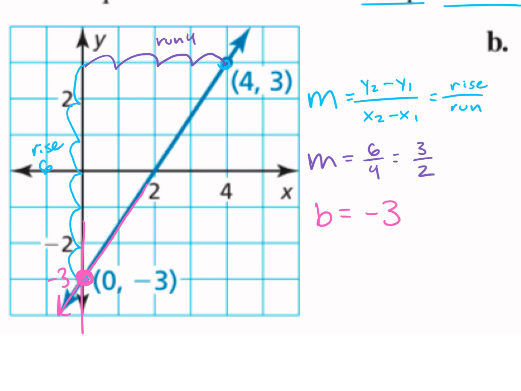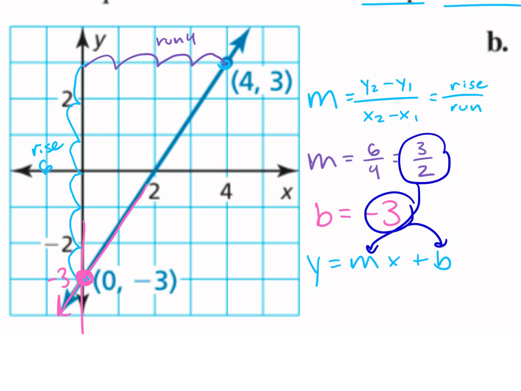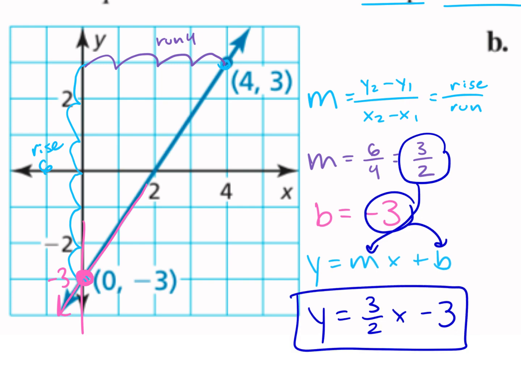I'm going to plug this into my slope-intercept form, y equals mx plus b. My slope is going to go into m, and my y-intercept is going to go into b. So I have y equals 3 over 2x minus 3. That would be our equation of a line.